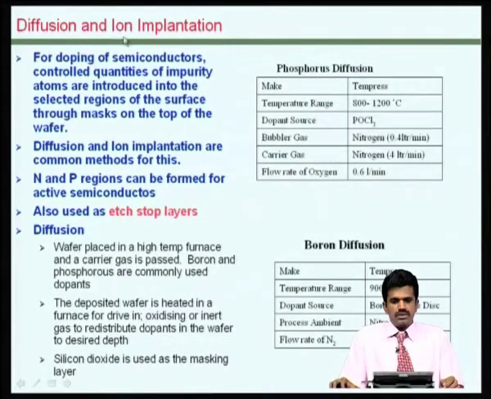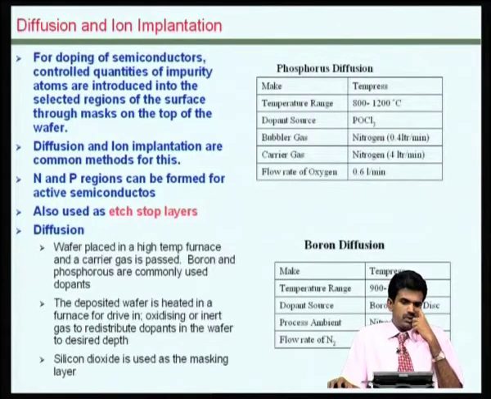Doped regions are required for semiconductor devices. It is very commonly known that we would need N and P type regions in any semiconducting device with various doping levels.